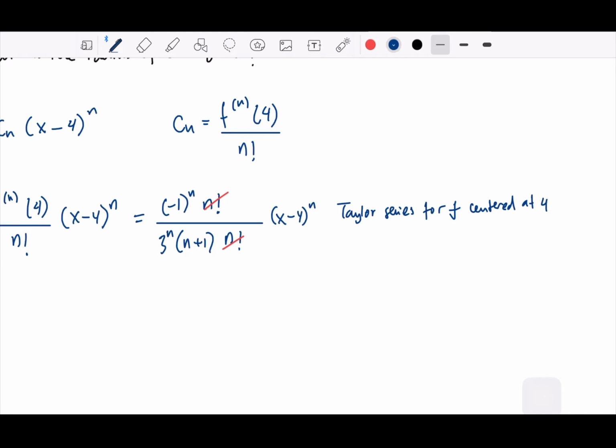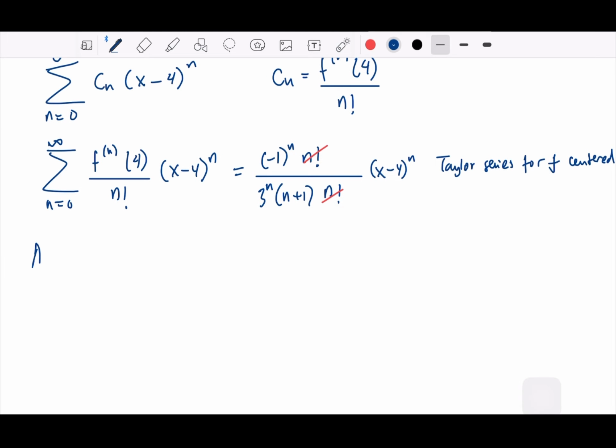So apply the ratio test. We can write the limit, or maybe you want to compare a n plus 1 and a n, and then later you can take the limit. But let me just write the limit at the beginning.